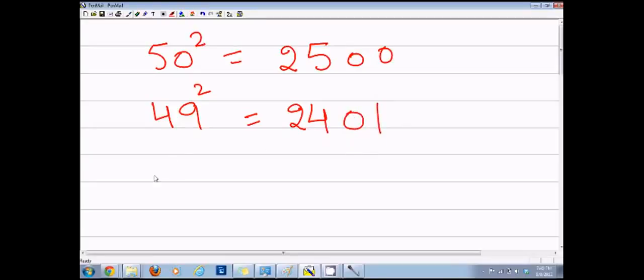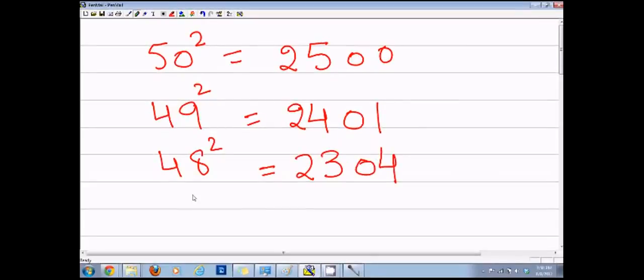Again, if I have 48, what I'll do is subtract 2 from 25, that is 23, and then take the square of 2, which is 4. So the answer is 2304.